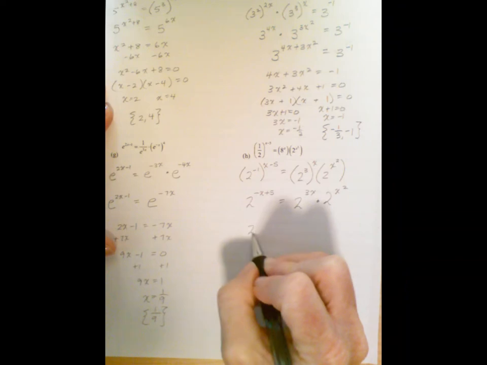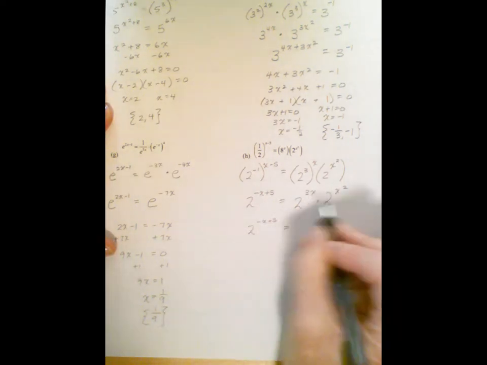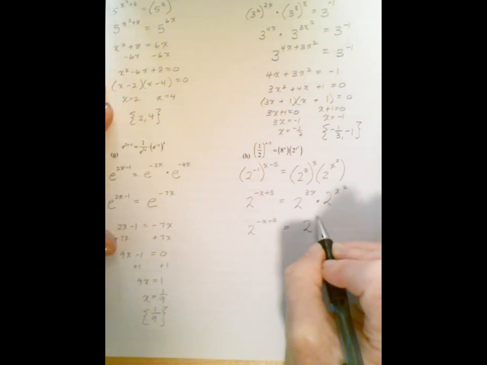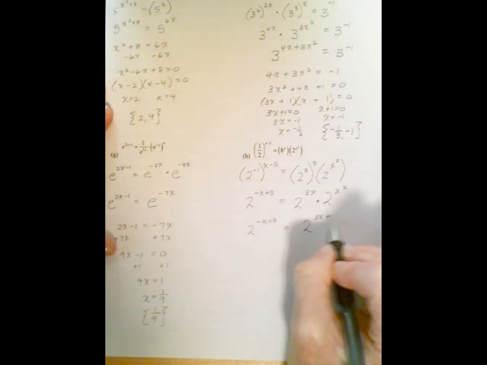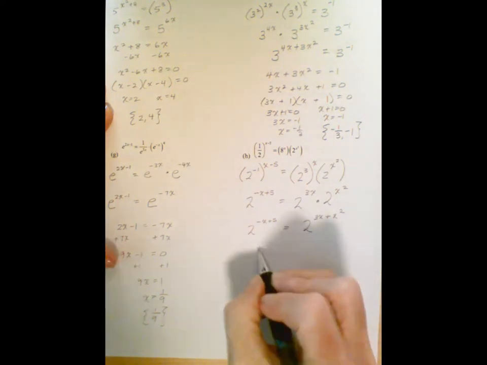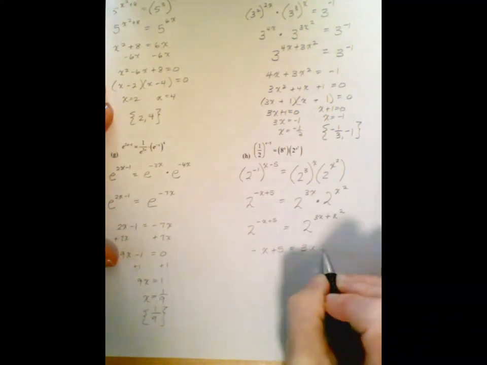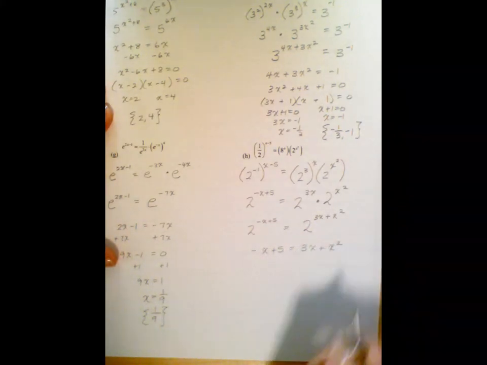Now, to combine on the right-hand side, we add the exponents: 2 to the 3x plus x squared. And now we can use our strategy. Negative x plus 5 equals 3x plus x squared.